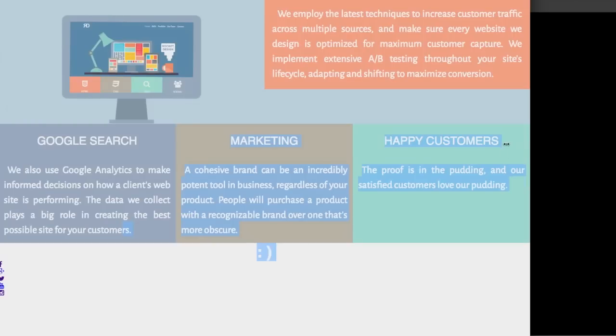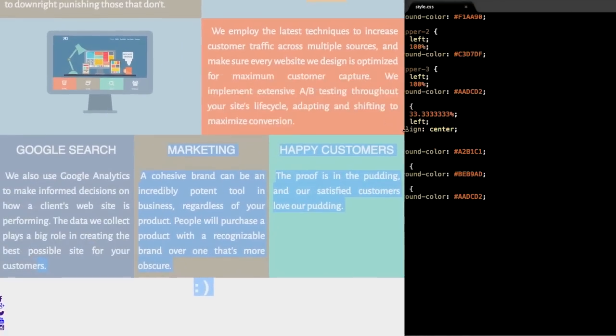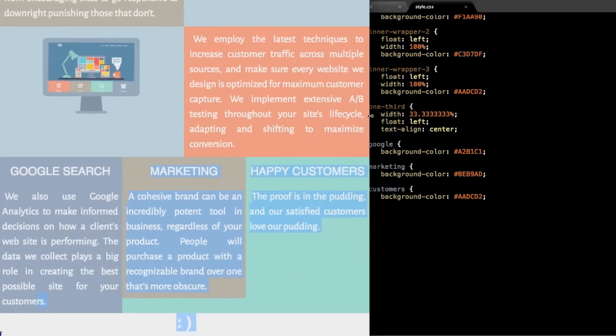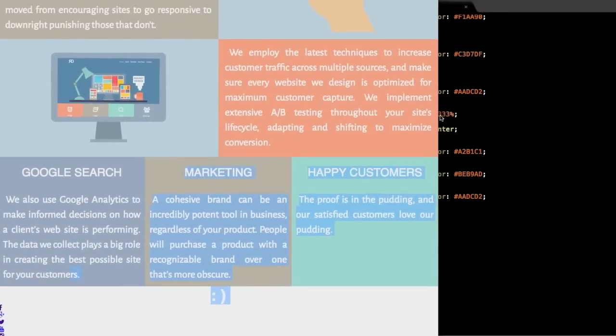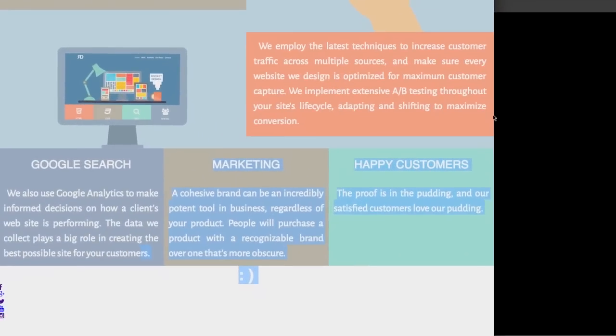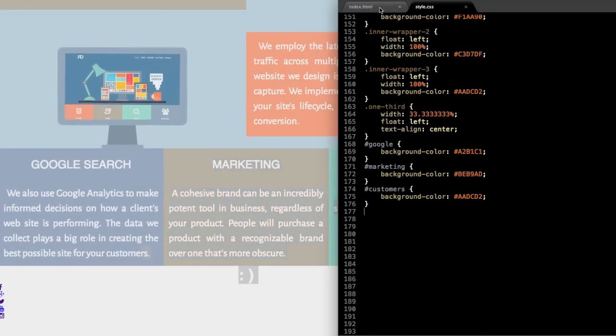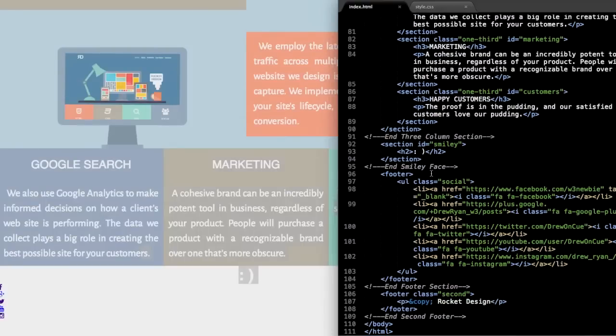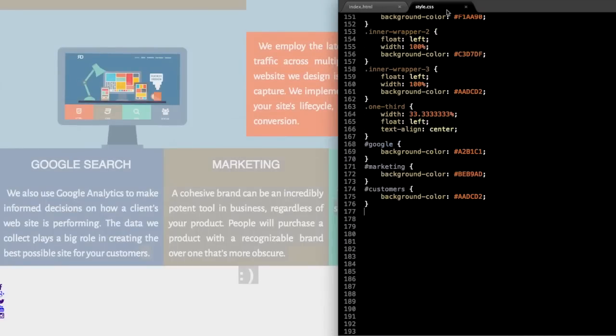So next we'll drop down beneath the 1/3 section classes and style the single column bar for the smiley face here. So this is the section ID, and we'll just call this smiley.